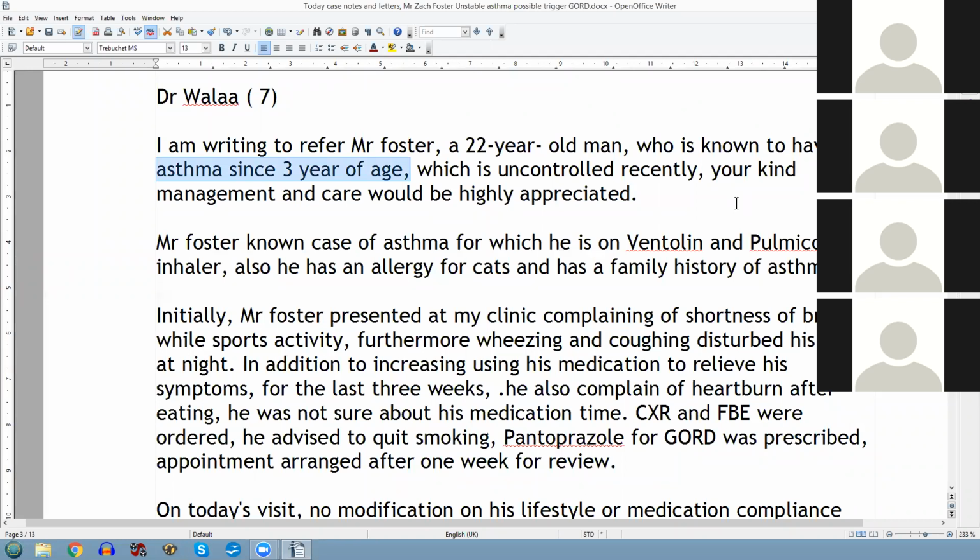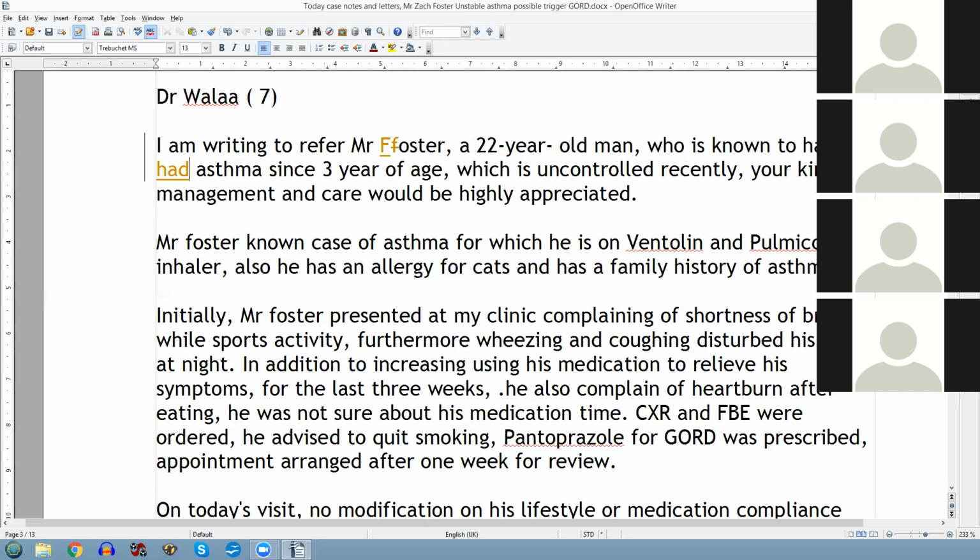And if that's Mr. Foster, that should be a capital F. "22-year-old man": you don't need these hyphens. "Who is known to have had since 3 years of age": make it present perfect. I wouldn't include that in this introduction, but if you must, make it present perfect: "has had since 3 years of age, which is uncontrolled recently."